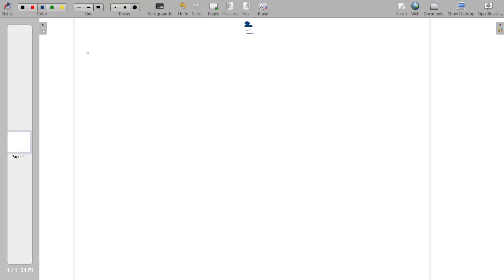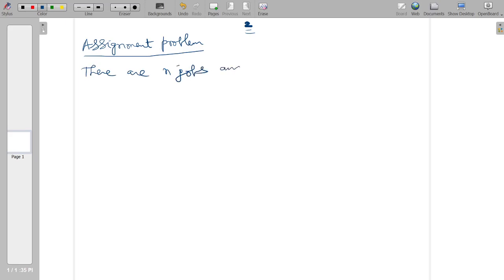We will solve an assignment problem using graph theoretical techniques. So, before moving into this, let me define what is an assignment problem. There are n jobs and m machines.